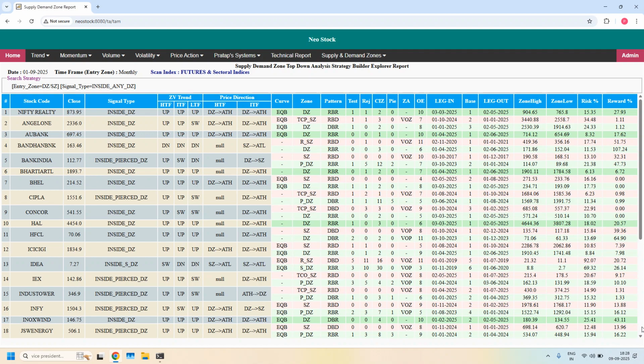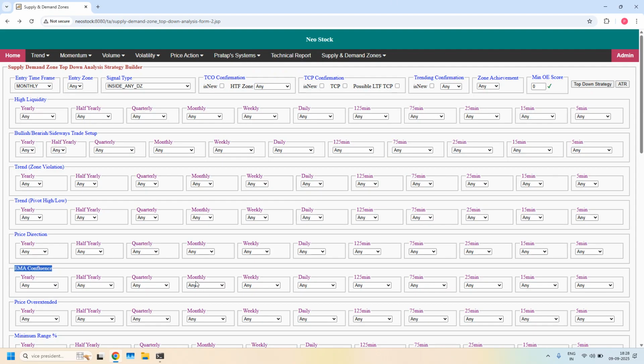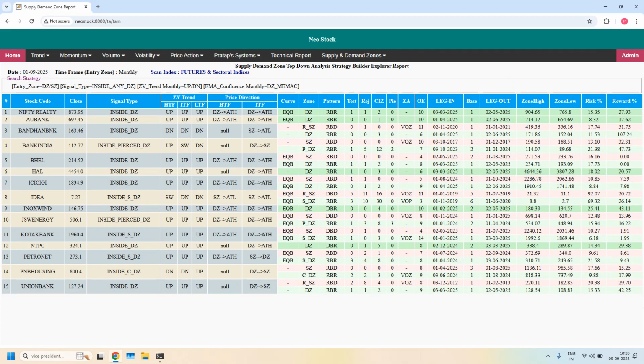Scrolling the list down, total 31 stocks are filtered. We can further filter based on monthly demand zone having monthly EMA confluence, and also the trend on the monthly should not be sideways. So we got 15 stocks.